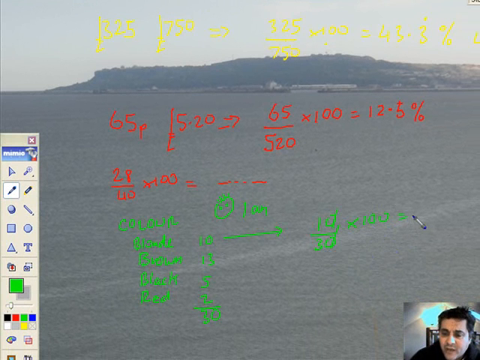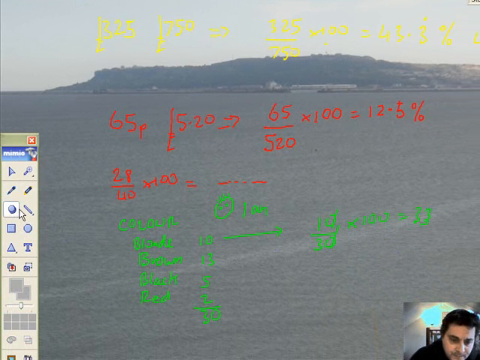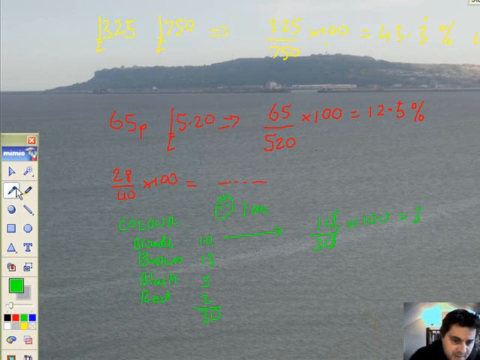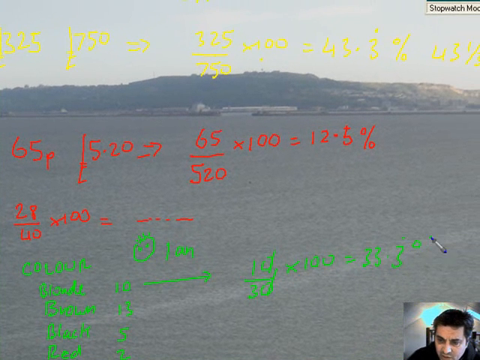A third of 100 is exactly 33.3. Oh dear, it's awful. Change that back to green. That will be 33.3 recurring percent. In other words, 33 and a third of a percent. Ian says 10% of the class is blonde hair.